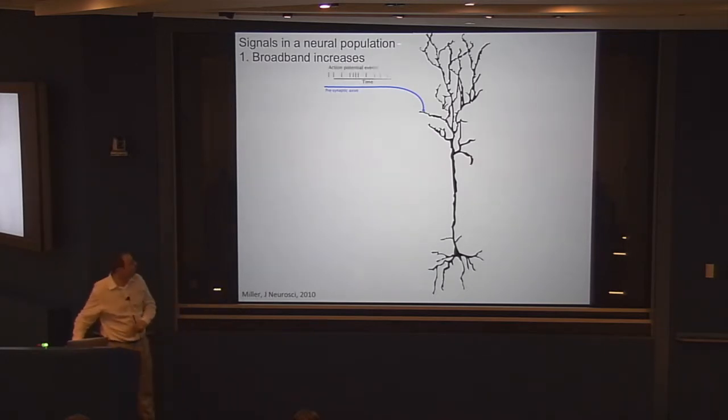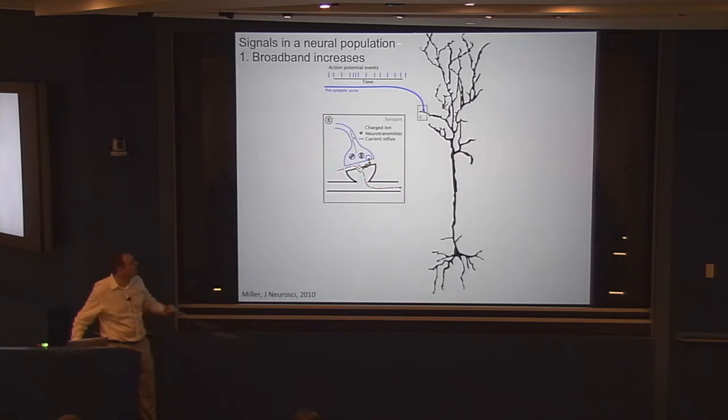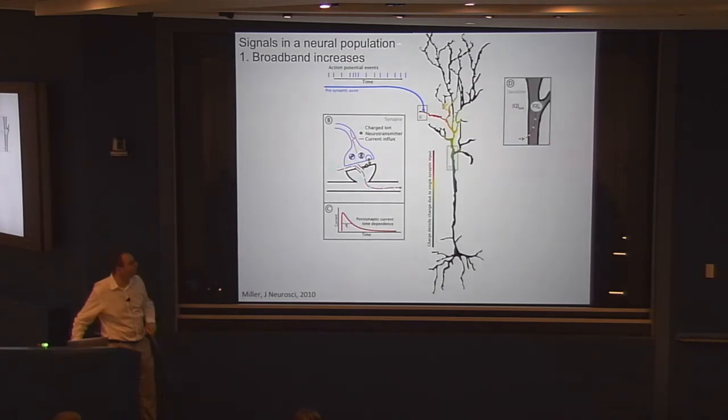If we think about that physiologically and we take some action potentials which have let's say a Poisson distribution or white noise distribution, each one that arrives causes some current to enter the neuron, a postsynaptic current. That current spreads down the dendrite, the charge builds up, and there's some leakage out of the neuron in proportion to the charge accumulation.